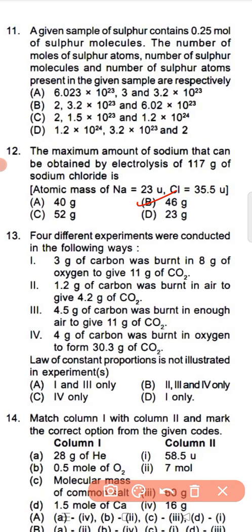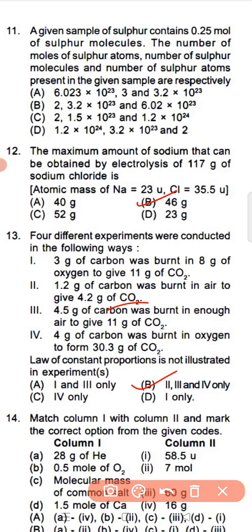Now for question number 13. 4 different experiments were conducted in the following ways. 3 gram of carbon was burnt in 8 gram of oxygen to give 11 gram of CO2. 1.2 gram of carbon was burnt in air to give 4.2 gram of CO2. 4.5 gram of carbon was burnt in enough air to give 11 gram of CO2. 4 gram of carbon was burnt in oxygen to form 30.3 gram of CO2.